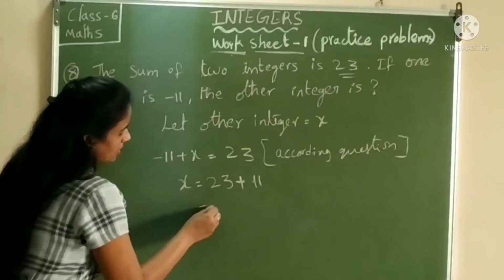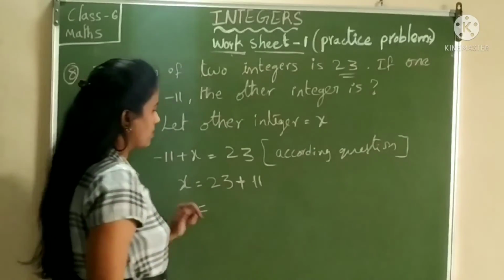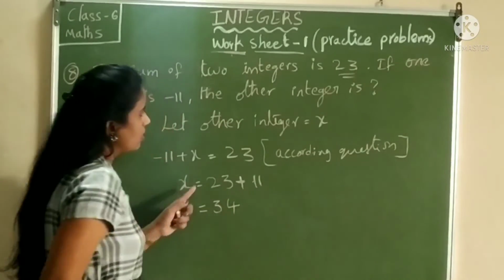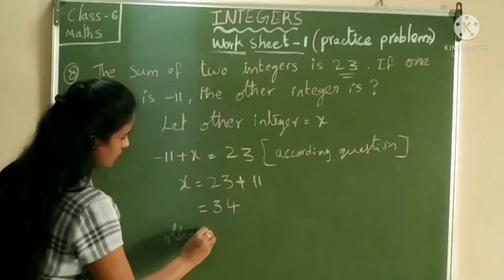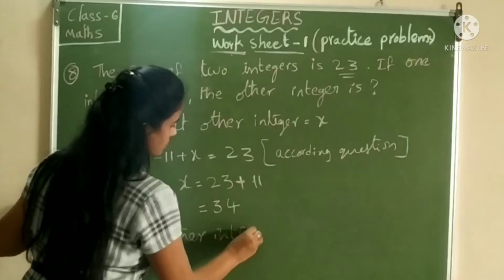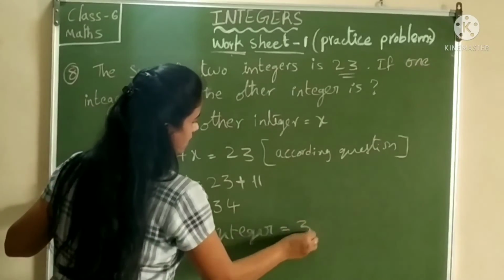So x is equal to 23 plus 11, which is 34. Therefore the other integer is 34.